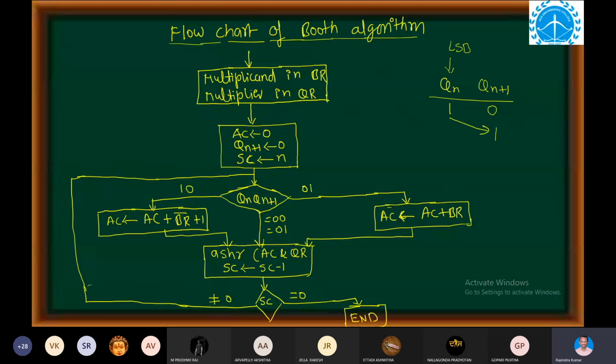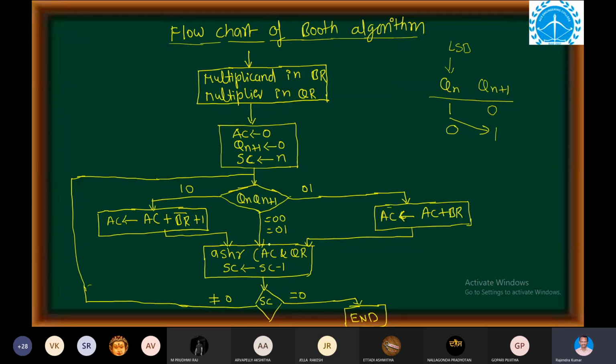But if it is 0 1, that means Qn and Qn plus 1 are 0 1, I am doing the addition of the accumulator and BR register contents, and the result is stored in the accumulator.